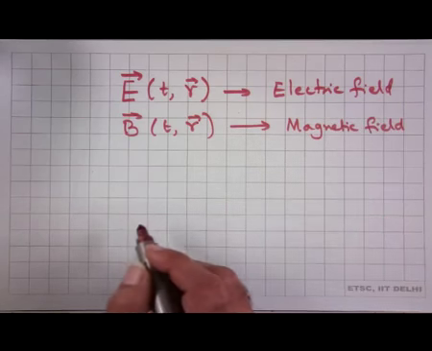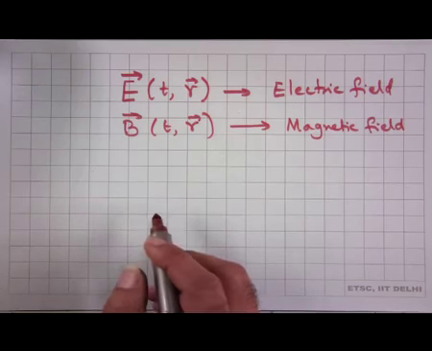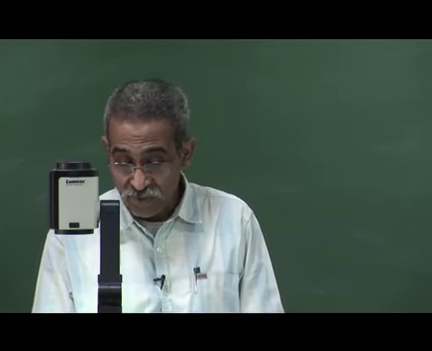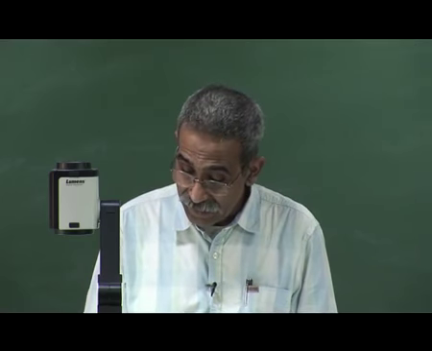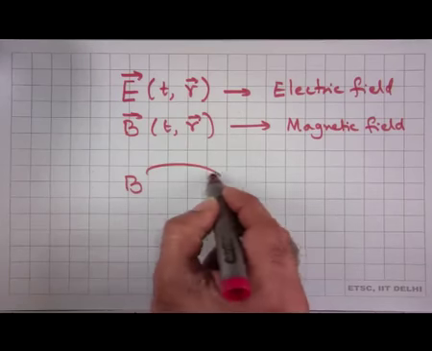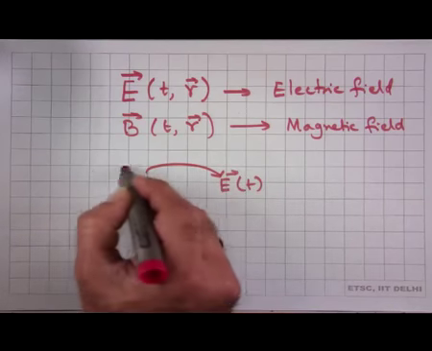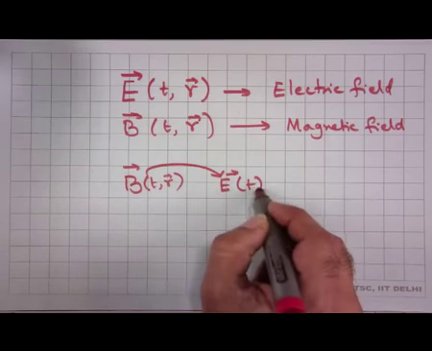What is the beauty of this? They do not need any external source, they act as sources for each other. So thanks to Faraday's law, which tells you that my magnetic field can actually give rise to an electric field, I can also put a spatial dependence.